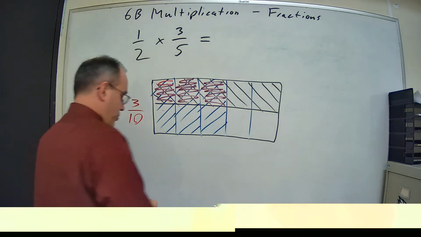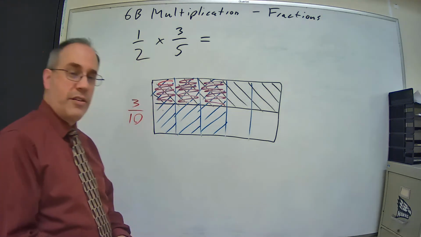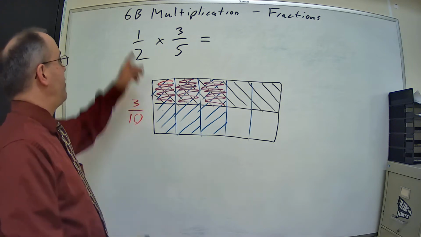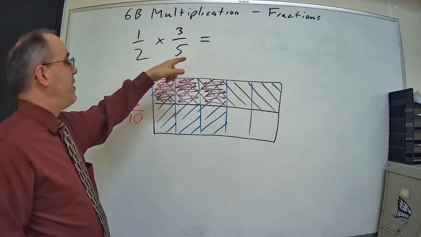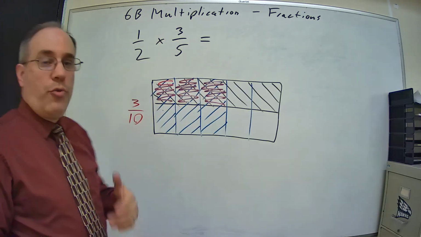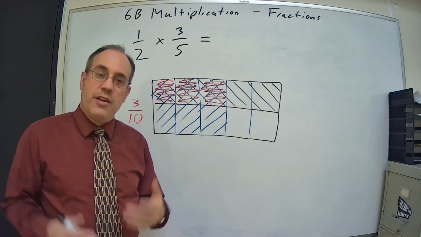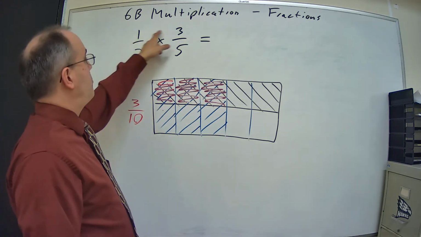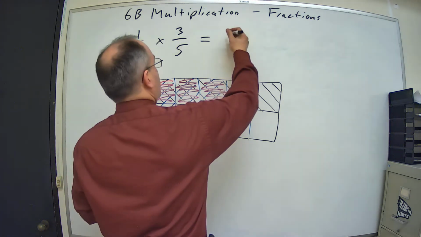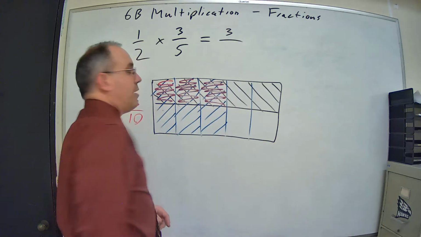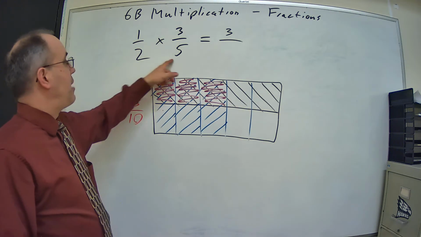Now let's look at what we do with multiplication of fractions. I've got 1/2 times 3/5. When we multiply fractions, all we have to do is multiply the numerators. 1 times 3 is 3. And multiply the denominators. 2 times 5 is 10.